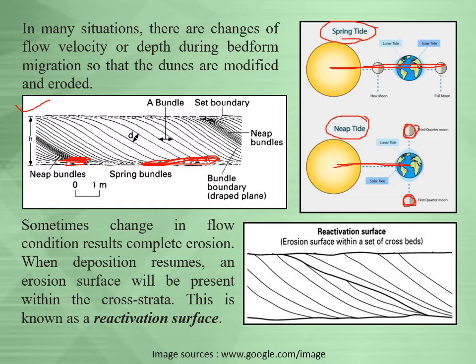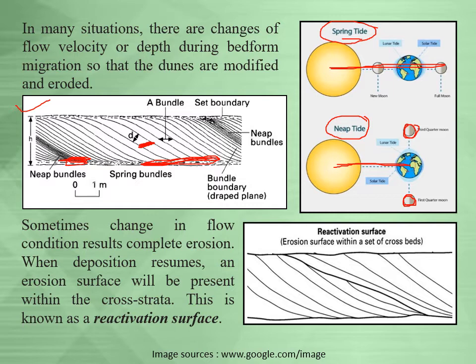So that results in distantly spaced cross laminations in the rock record. So due to high tidal effect, that is spring tides, the cross laminae occur more distantly spaced as the energy condition is high during that time. So more and more sediments are carried out.